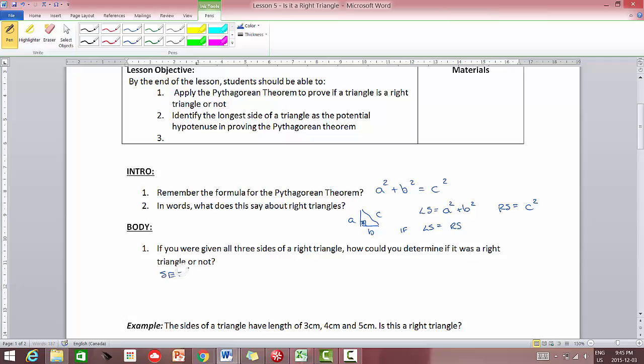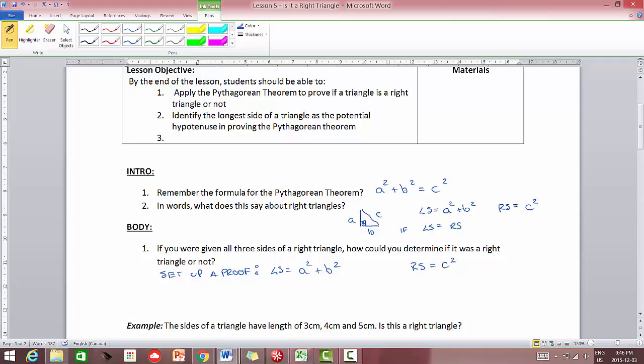So what we're going to do is set up a proof like we did before. Left side equals a squared plus b squared, and our right side is equal to c squared.